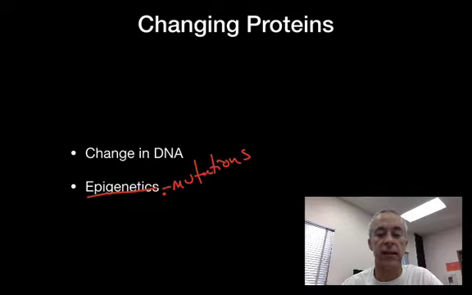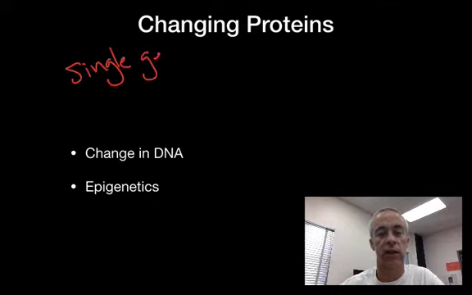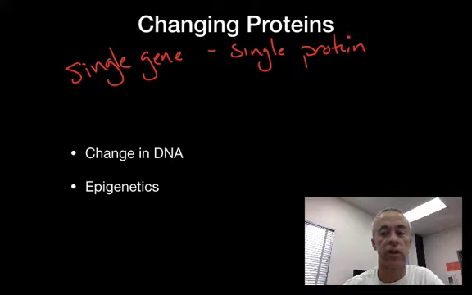But there's also this idea that your genes can be expressed in different ways. So when we take DNA and use it to make proteins, we call that gene expression. And there used to be this idea that was called the single gene, single protein idea. It was thought that one gene had the instructions for making a specific protein.